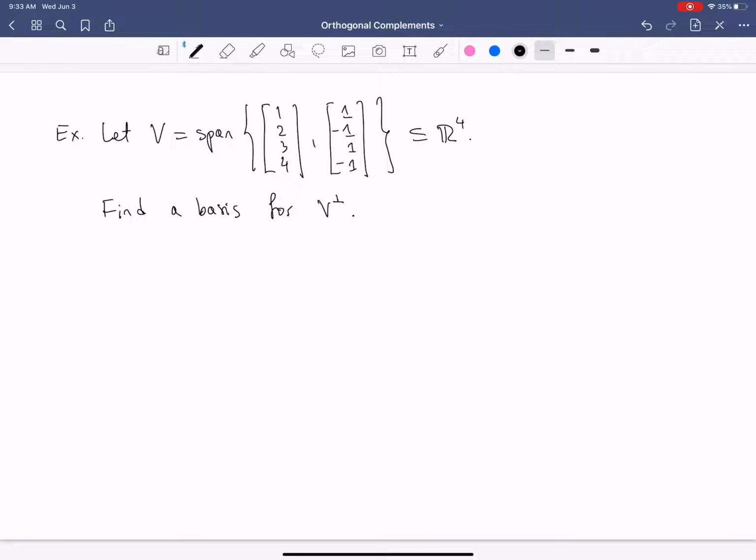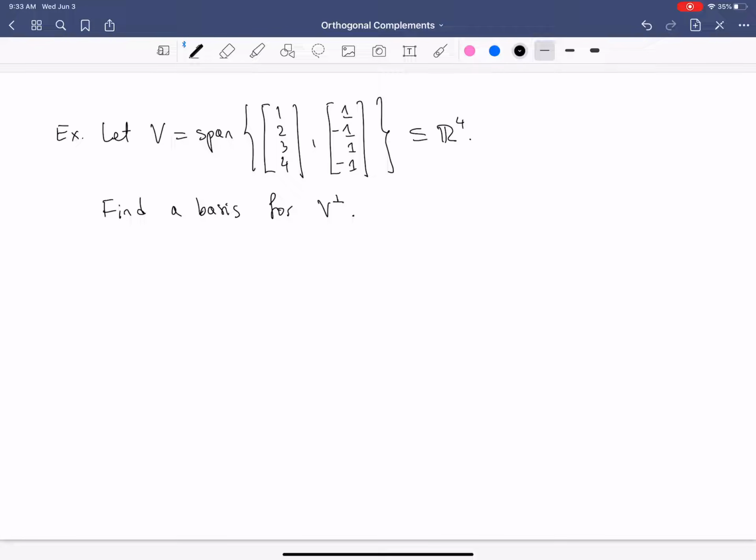Well, I'm not given a matrix, but that doesn't mean I can't make a matrix. Now, the question is, do I put these vectors to be the rows of a matrix, or do I put them to be the columns of a matrix?